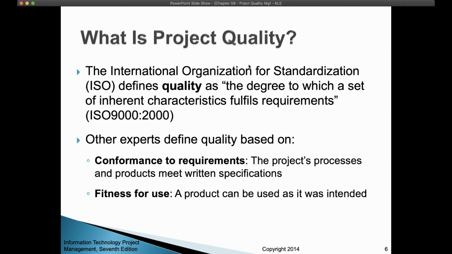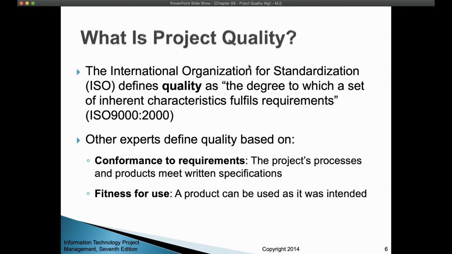And in computers or in the IT field, we follow both. We need to have conformance to requirements and specifications, and we also need to produce a product that fits the use and the purpose.